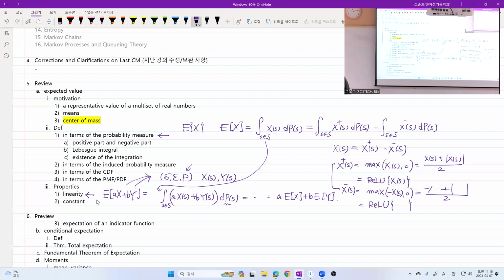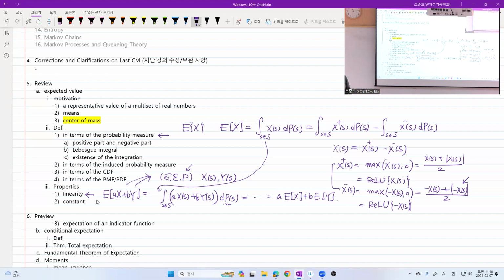Here you use negative X of s. The reason why in our handout I dropped the negative sign is that the absolute value of negative something is the same as the something. And here you have ReLU of X of s.